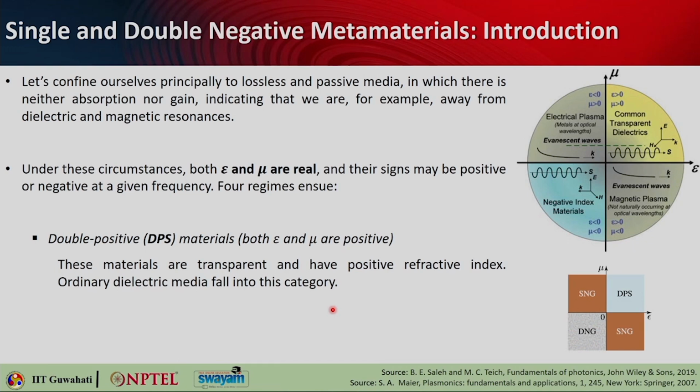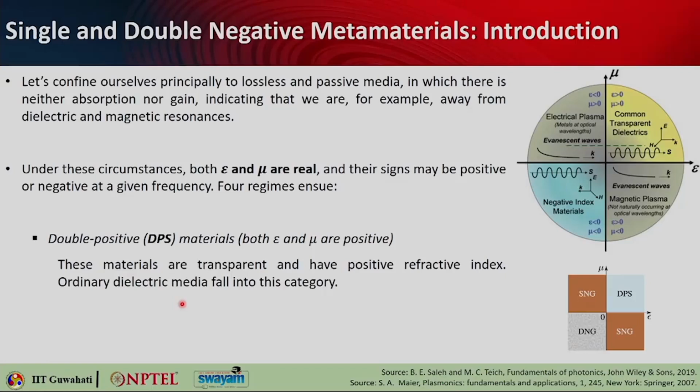If you consider permittivity and permeability as real quantities, you can have these four possible variations. The first quadrant, as you can see here, denotes epsilon greater than 0 and mu greater than 0. That means you are talking about double positive materials where both mu and epsilon are positive.